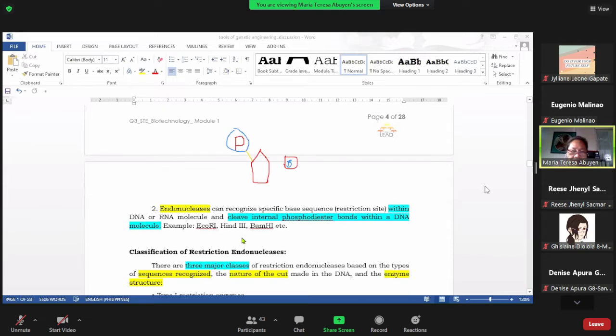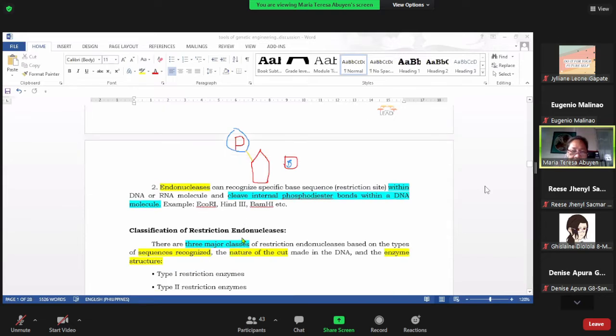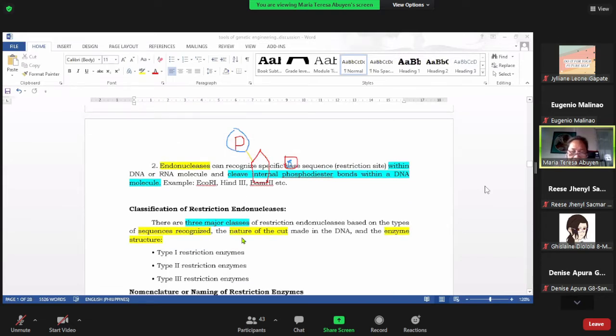Okay, so we go to the classification of restriction endonucleases. The restriction endonucleases are classified into three major classes: type 1, type 2, and type 3 restriction enzymes.